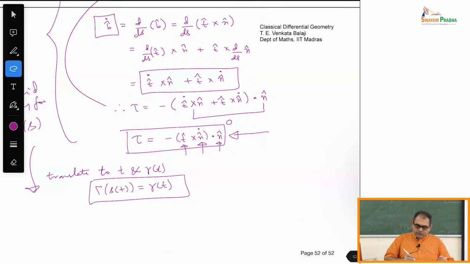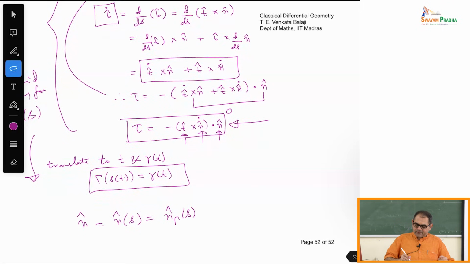Okay, and how do you do that? So let's start by computing what is n hat. So n hat is actually n hat of S. If you want, it is n hat of capital gamma of S. Remember, how was this n hat defined? It is the first Frenet-Serret relation, and that was the way in which n hat was defined.